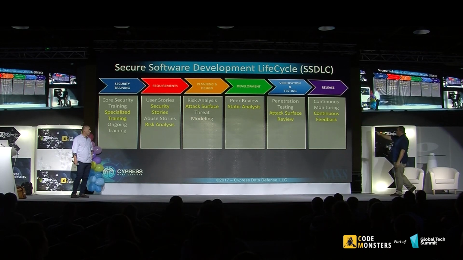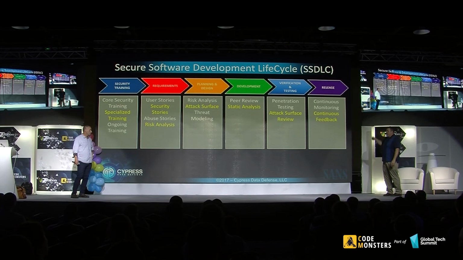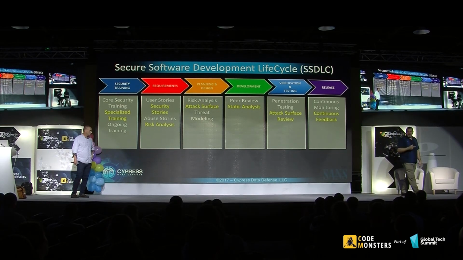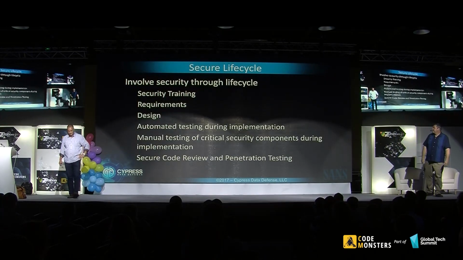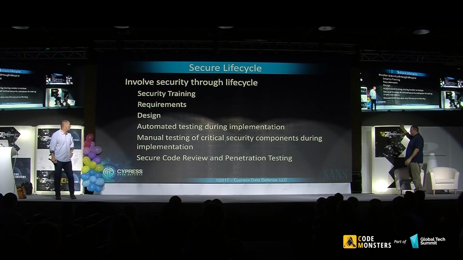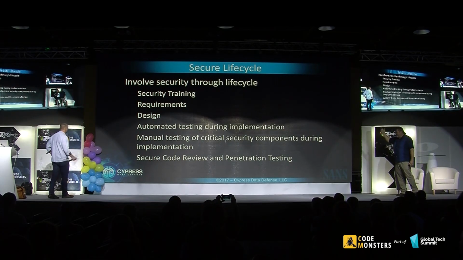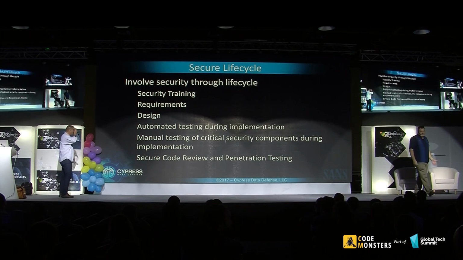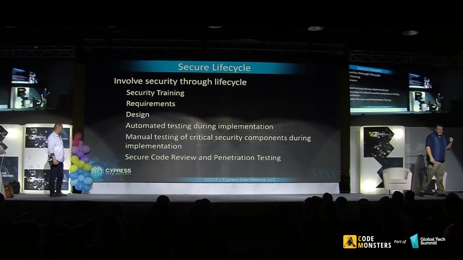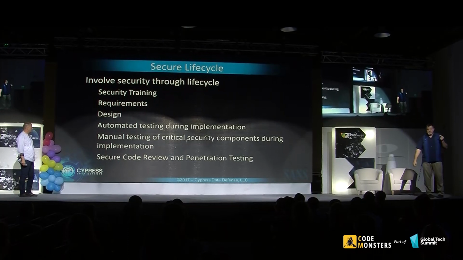Then we're going to test it all the way through: pen testing, static analysis, and in the release phase, constantly looking for that kind of attack. So in our full life cycle, we want to have security in every single spot. Start thinking about what small changes you can make to the SDLC to make it more secure.